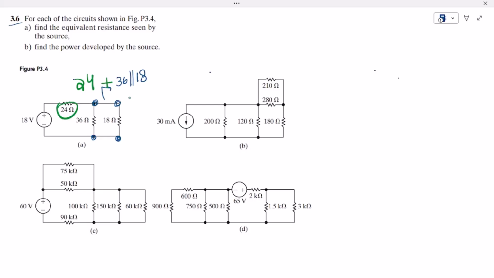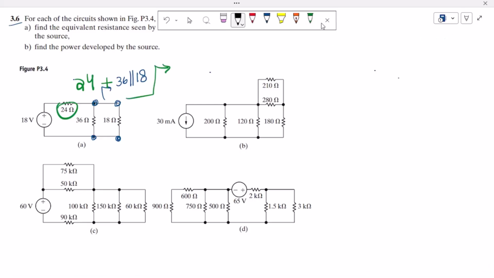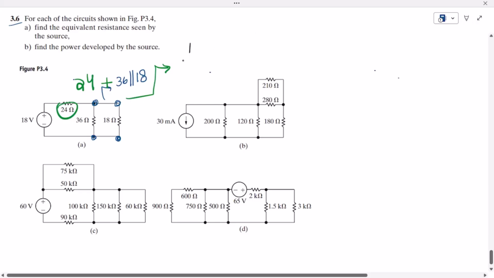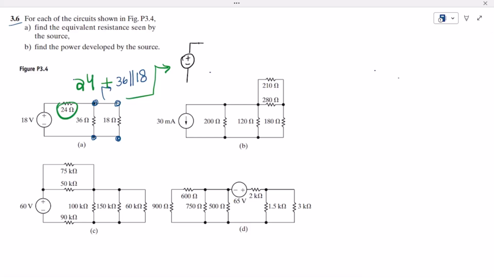What will the output circuit be here? I am going to draw it with this color. The output circuit will be a source with this R equivalent, and this is 18 volts. The R equivalent resistance is 24 plus 36 in parallel with 18, because this equivalent will be in series.